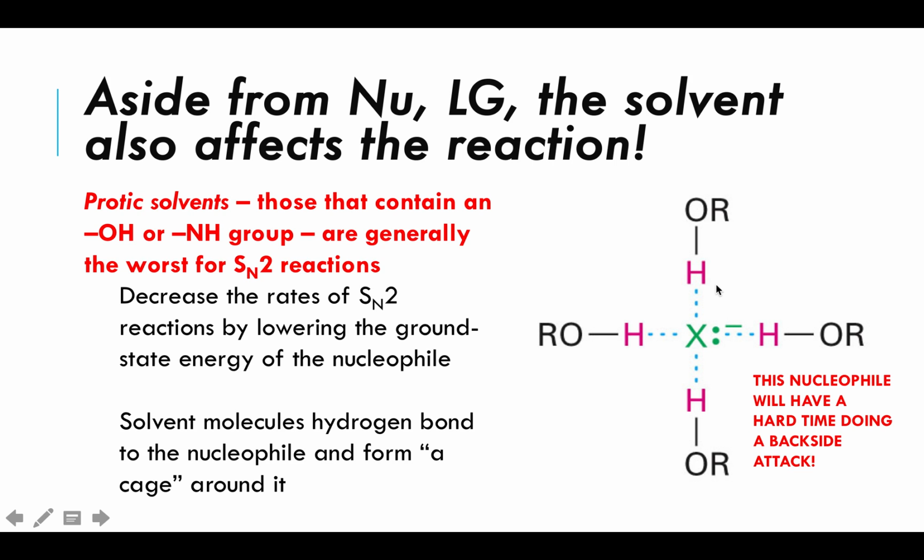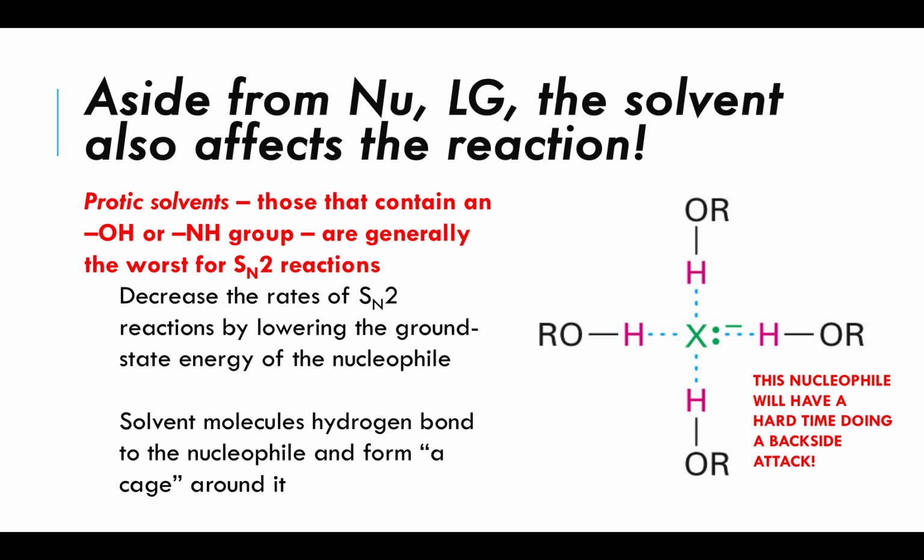And when your nucleophile is caged, it will have a difficult time doing the entire backside thing. Because not only is your backside already protected by hydrogens and methyl groups or whatever, but now even the nucleophile is blocked from attacking the backside. So that's why we do not want polar protic solvents.